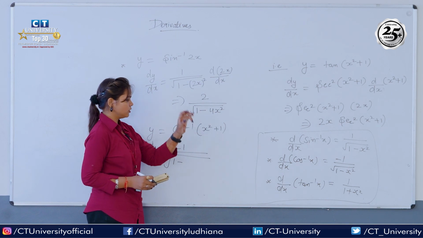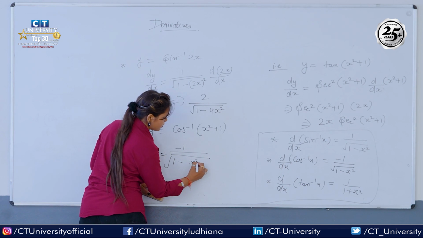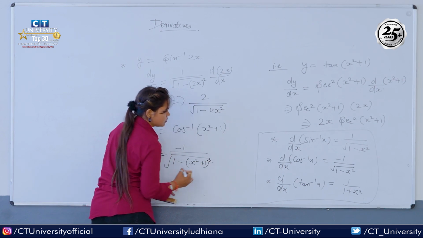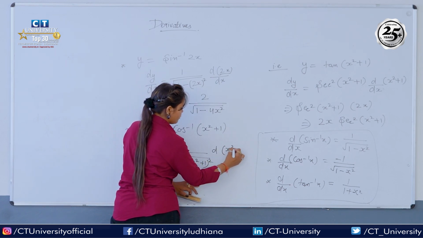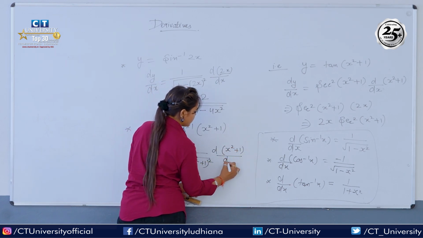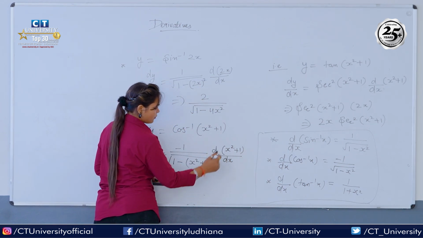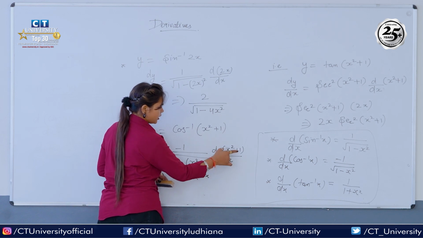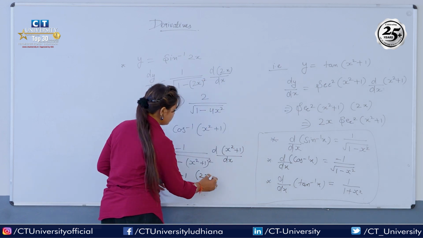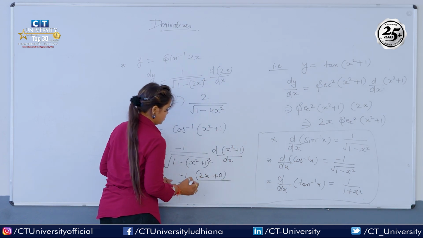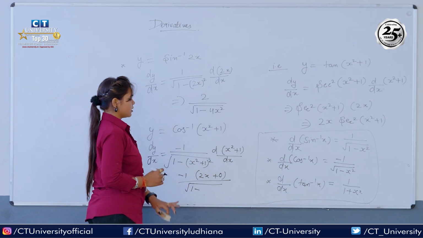In this case the angle is x² + 1, so −1 over √(1 − (x² + 1)²), and also the derivative of x² + 1 with respect to x. The derivative of x² is 2x, and the derivative of 1 is a constant, so it is 0, over √(1 − (x² + 1)²).